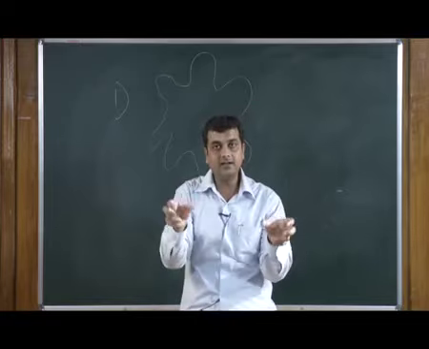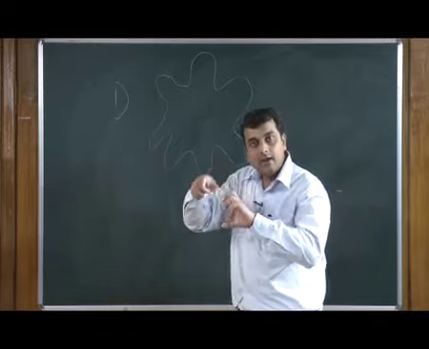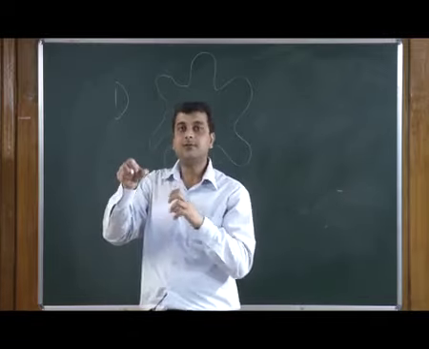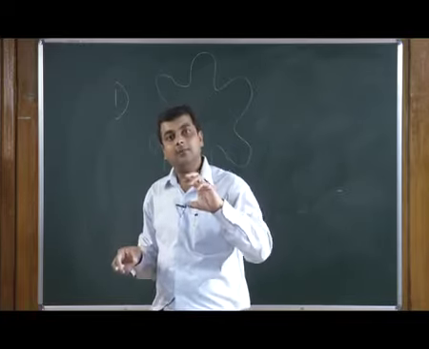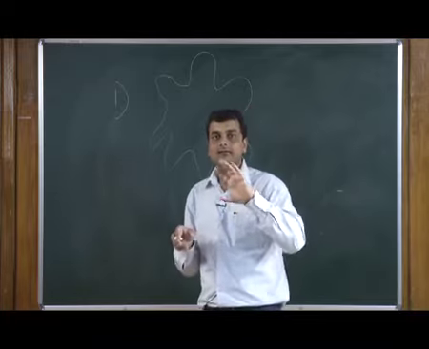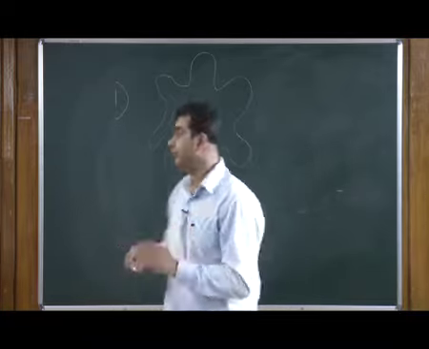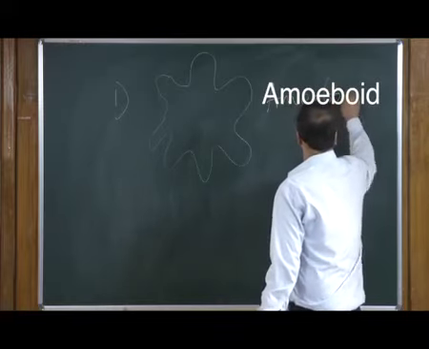The plasma membrane forms pseudopodia, and they move into different body fluids or body cavities in the same way as we discussed in amoeba. So this is called amoeboid movement.